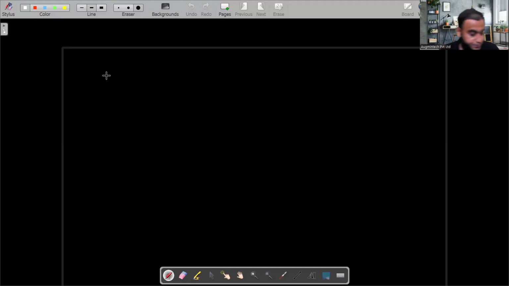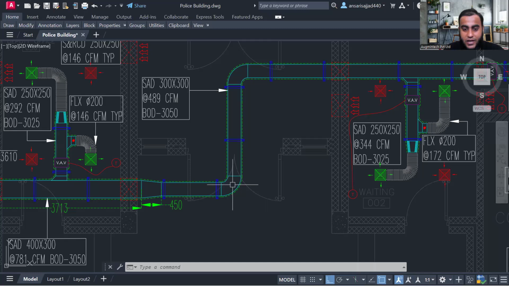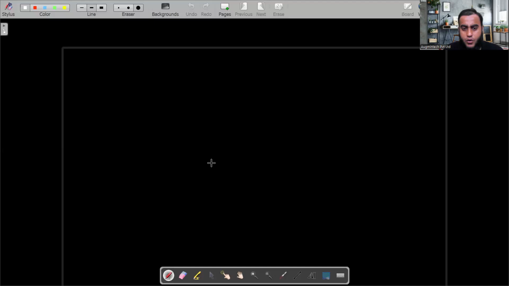Blackboard is visible. Actually, why we are calculating the center radius? Because see, in software, if you want to calculate the pressure loss value in 90-degree elbow, so they will ask you about the center radius in inches. So to calculate the center radius, see, we have this type of elbow. Okay, I will show you the layout first. This is our elbow. Okay, and I'm assuming in our drawing, we have a long radius elbow like this.